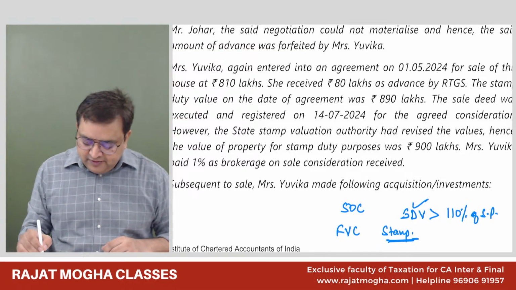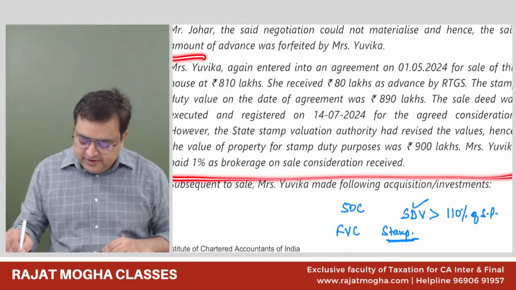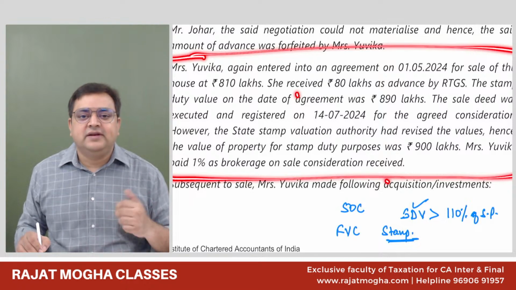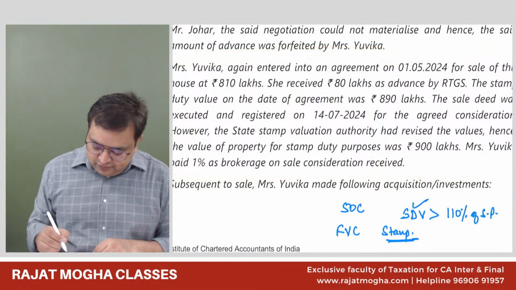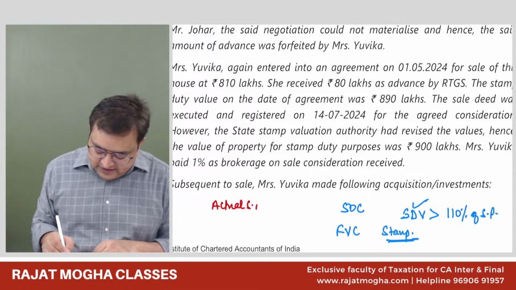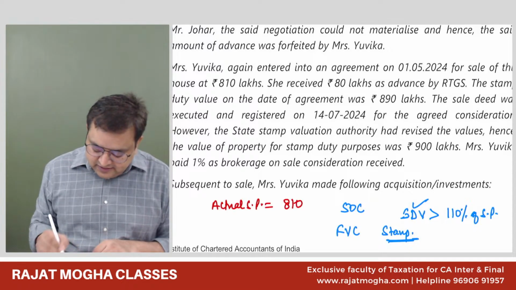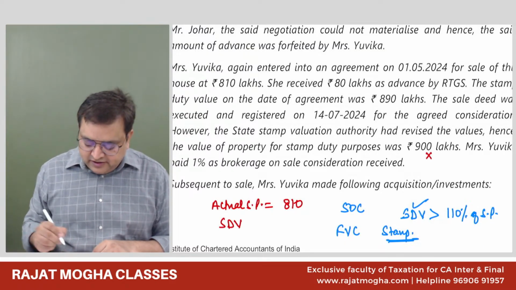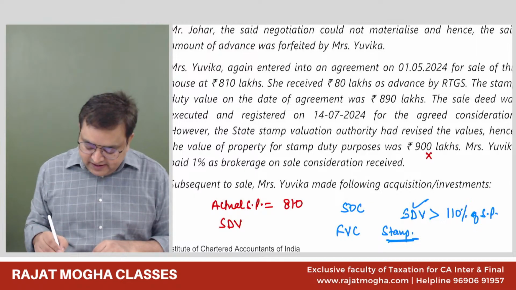So first of all, tell me what is the actual selling price over here. Everybody please tell me what is the actual selling price over here. How much are we selling? 810 lakhs. So my actual selling price is 810. My stamp duty value for this purpose is not 900, it would be 890.